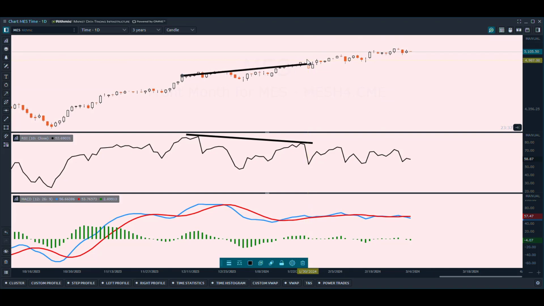Then you can see that, yes, we did get a pullback for one day, and then two days later, we hit a new high.